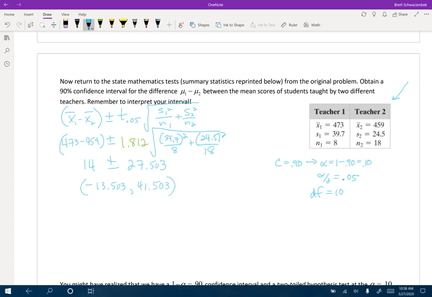Okay, so in terms of this interval, we obviously would like to interpret it. Remember that is a common thing here, so why don't we do that?